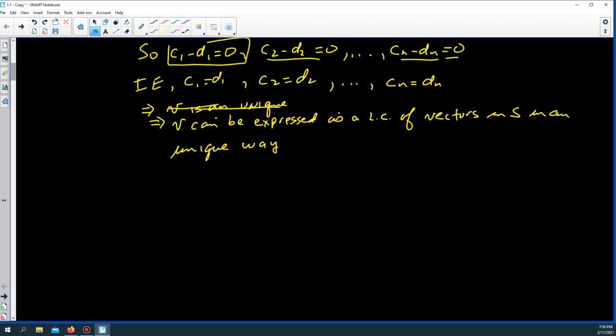Maybe I should say only. v can only be expressed as a linear combination of vectors in S in a unique way. And that completes this theorem.